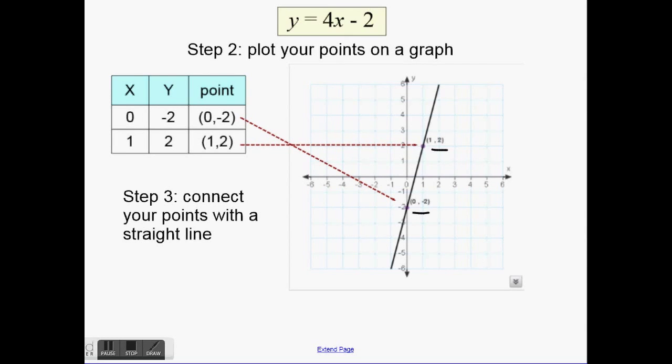You want to make sure that your line goes all the way through and keeps going, because these linear equations go on forever. They don't stop. So you just draw a line all the way through. I put my points, remembering this is x, this is y, and then we connect them with a straight line. Easy enough, right?